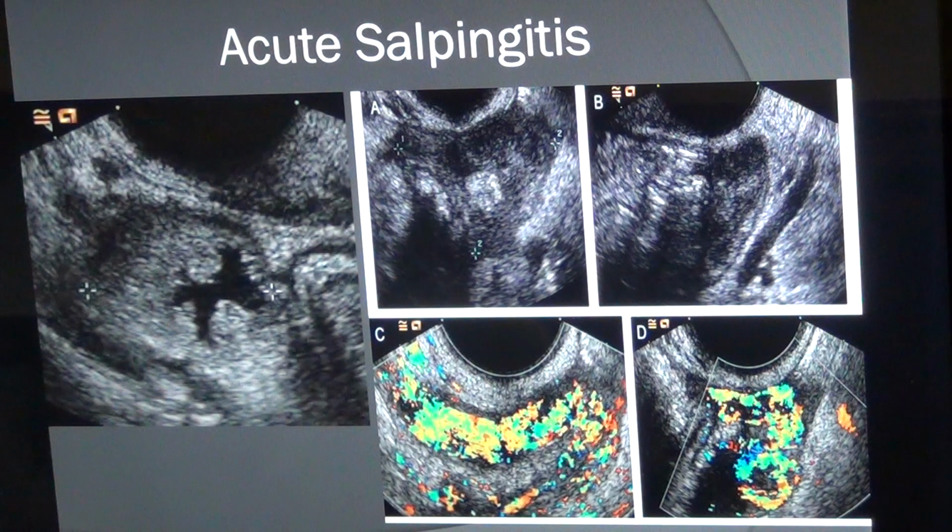The other side is open, trumpet shaped, and that is open into the pelvic cavity. And when there is infection, this wall gets thickened, hypervascular, edematous, and its cavity gets fluid content.